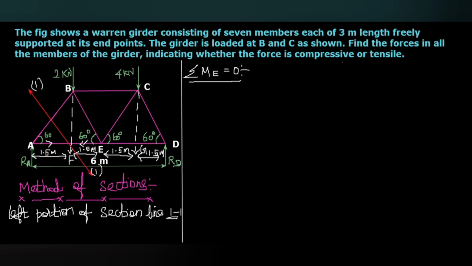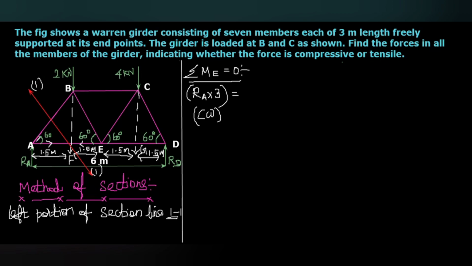So only RA multiplied with the perpendicular distance 3. So RA into 3, that will be in clockwise direction. So this is supposed to be counterbalanced by the counterclockwise moment.